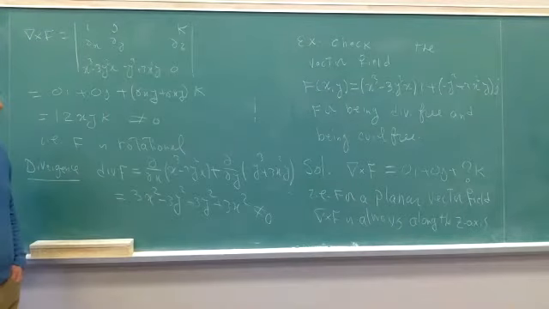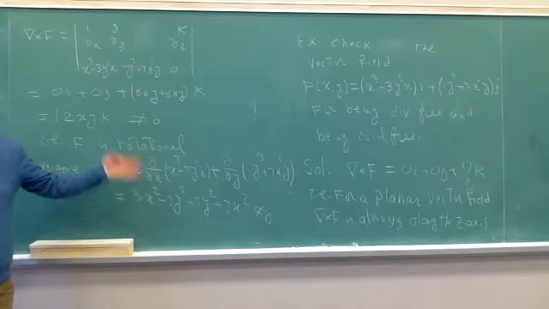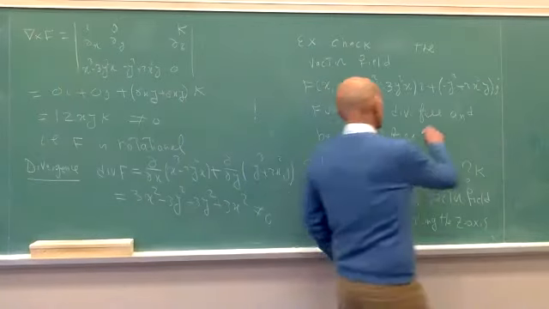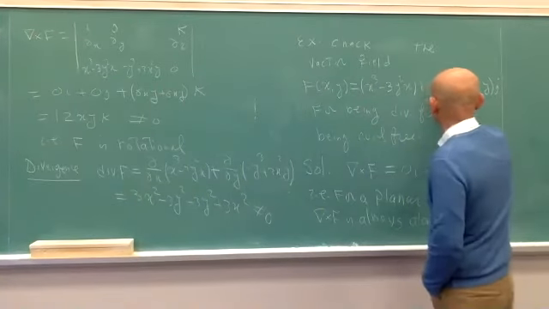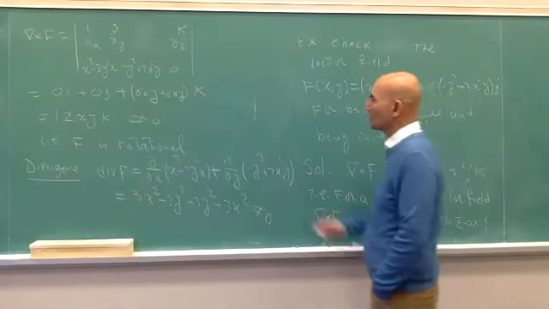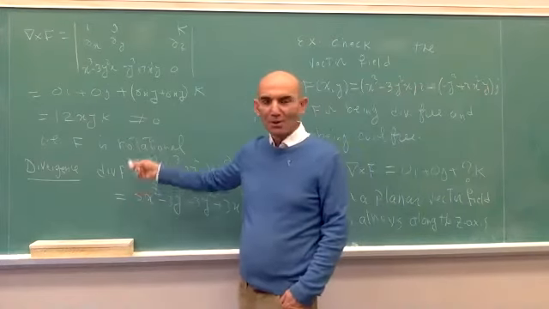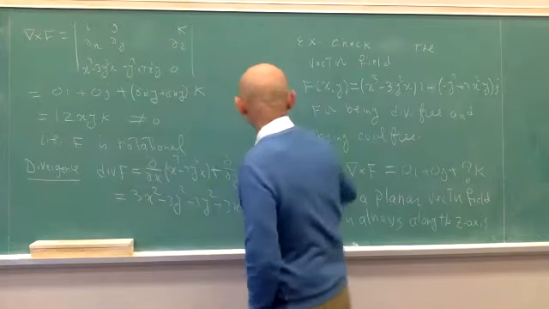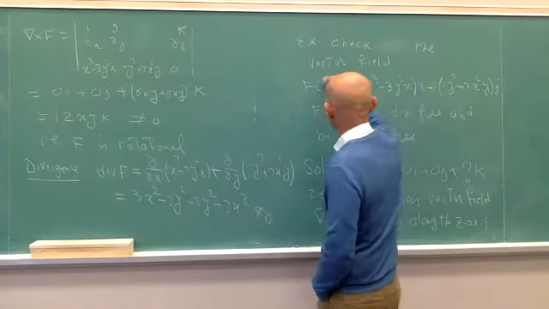But you notice something. This vector field is not curl-free, and not divergence-free. But if I had a minus here, then both of these would be zero. The first one would be zero and the second one. So now let's look at question 2.